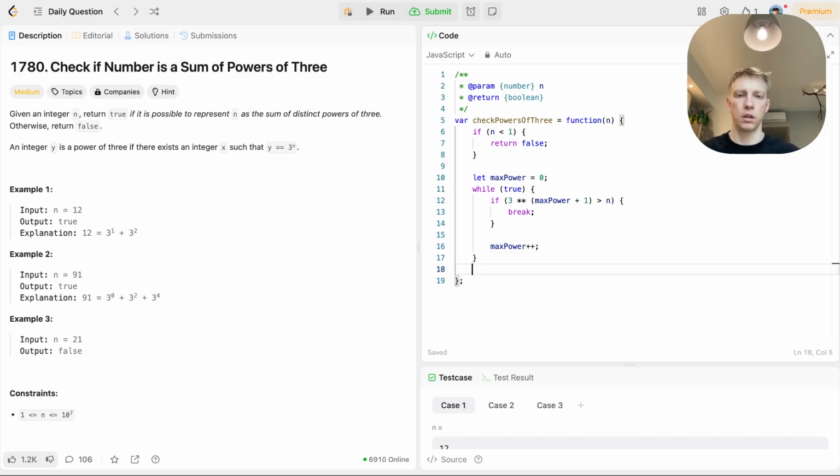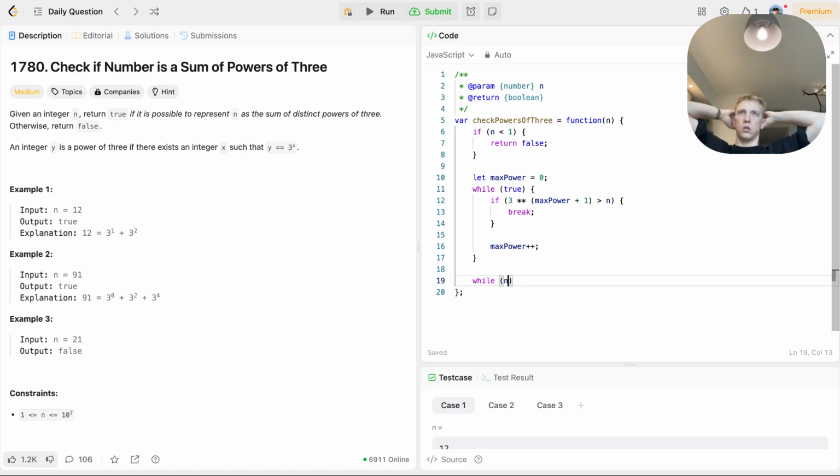And after that we should start subtracting from our n. When we will be subtracting, in the end we should get something between 0 and 1.